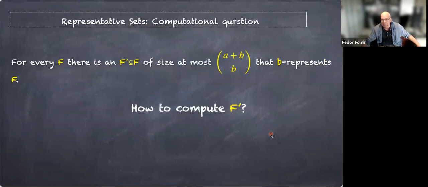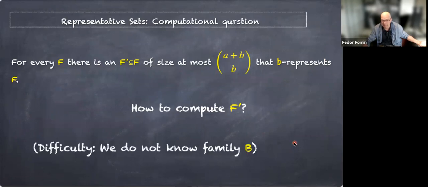So we know that such a family exists, but how do we find such a set F prime? The problem is that the definition says the family represents the set if for any set B, there should be a set A which is disjoint from B. We know A and we know the size of B, but we don't know all the sets B. The number of such sets could be too many to design an efficient algorithm.